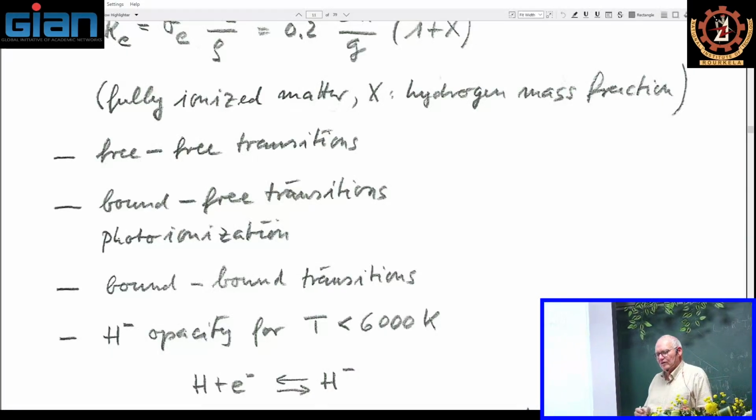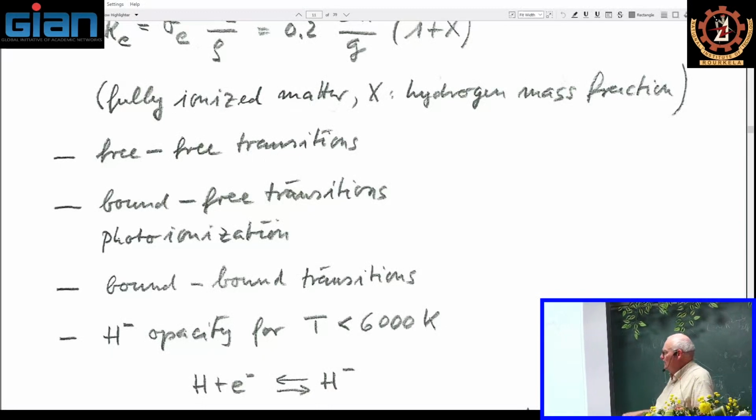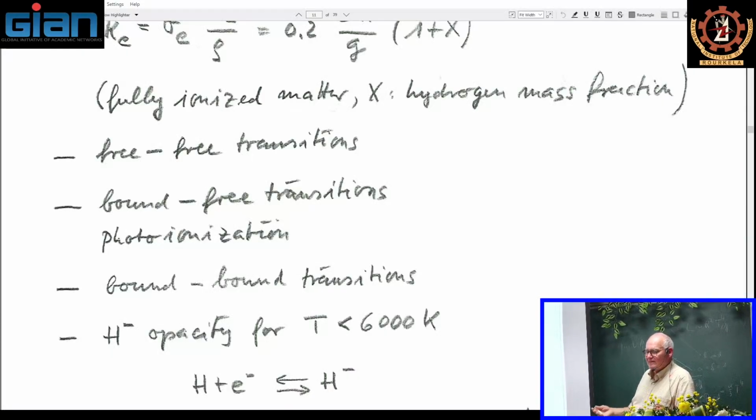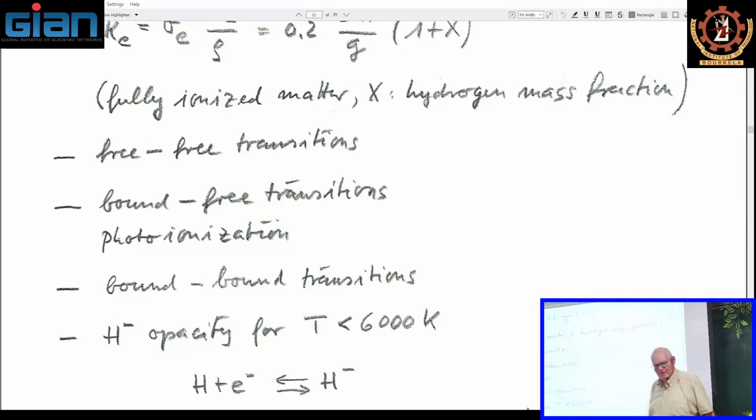You take out, for instance, at the inner shell, an electron and it's put on a higher energy level, but it does not get photoionized. So this does not lead to an ionization of the atom, but it still gets the atom into a higher energy state. These are the bound-bound transitions, and we will see an example for that later on.